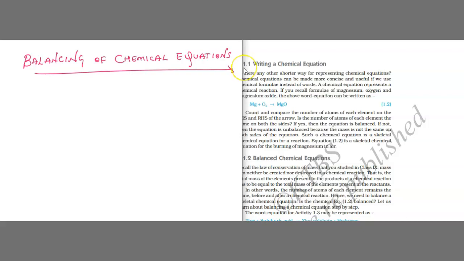Dear students, if the equation is unbalanced, what should we do? Then we have to use balancing. We have already learnt that balancing of chemical equations is very essential. Without balancing, it is against the law.